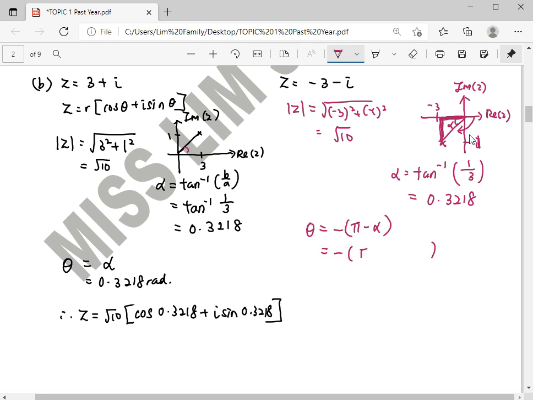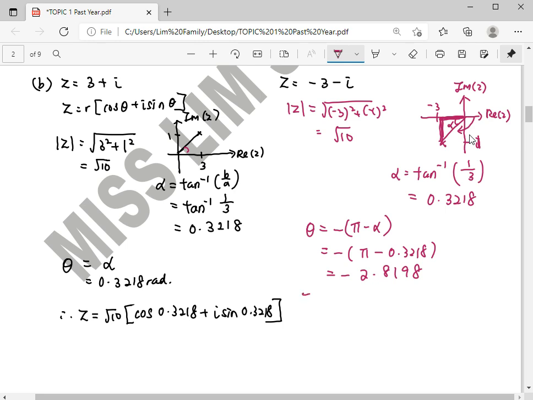So I will have to find pi minus 0.3218. This gives you 2.8198. Okay, if more decimal it is okay. As long as more than 3 significant figures, we are safe.